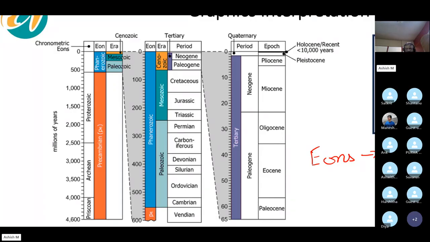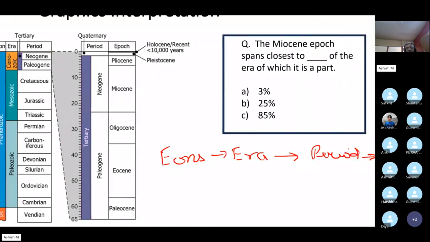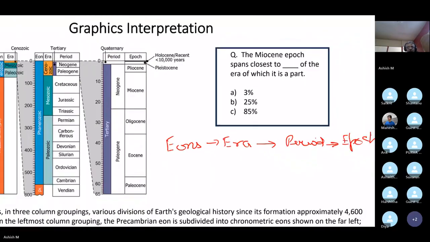So if this is clear, let's look at the question. The Miocene epoch, and mind you, Miocene epoch is this one, correct? So Miocene epoch spans closest to dash percentage of the era of which it is a part. Mind you, epoch is a part of period and period is a part of era, right?